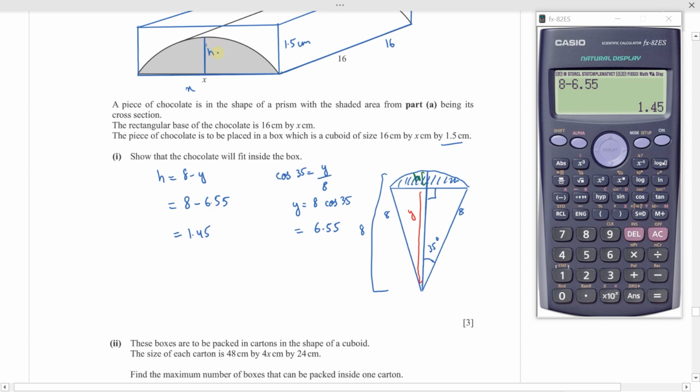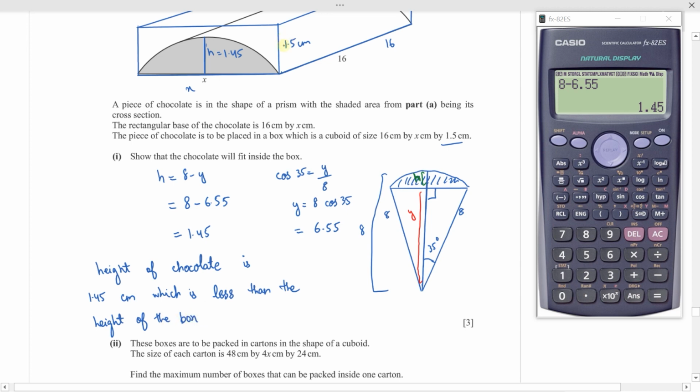So clearly, this is 1.45 centimeters, so you can say that the height of the chocolate is 1.45 centimeters, which is less than the height of the box.